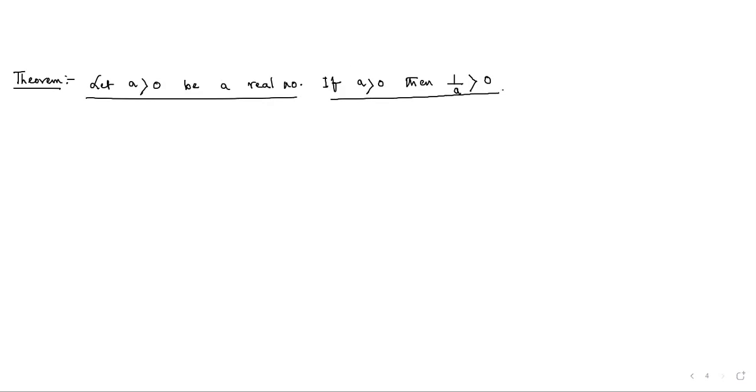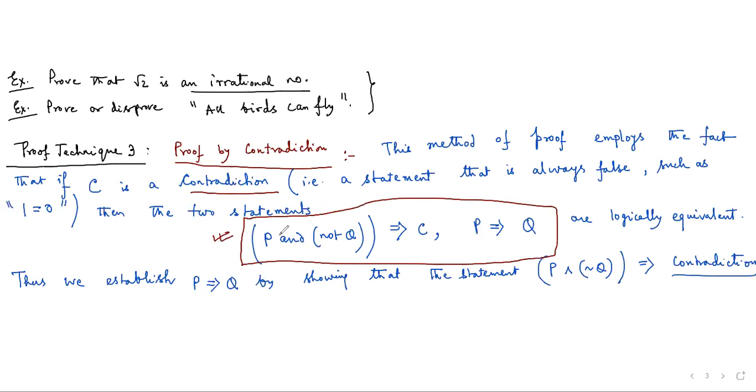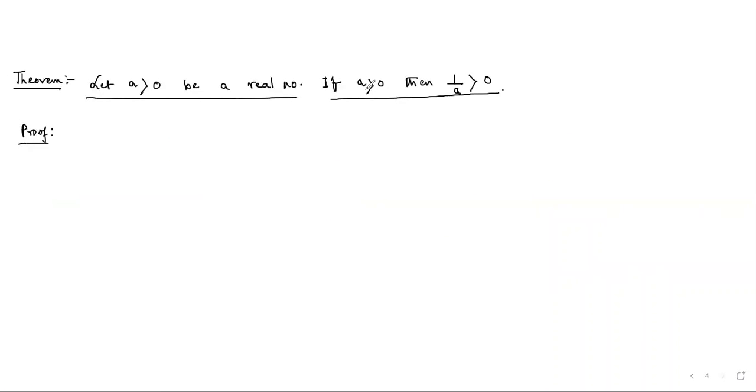Okay, so let us try to use the proof technique 3 over here. Let's go back to our previous page, that we need to show that P and not Q together imply a contradiction. Fine. So here you see that this is my P, A greater than 0, and that is my Q.